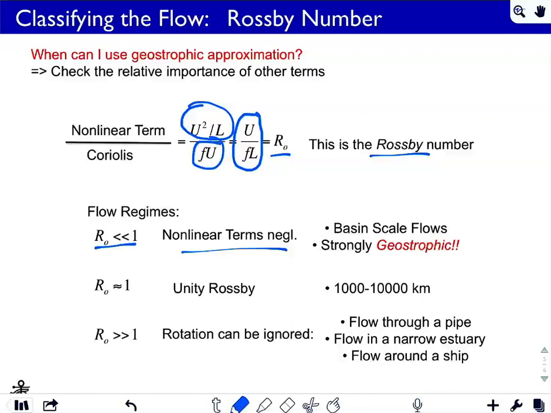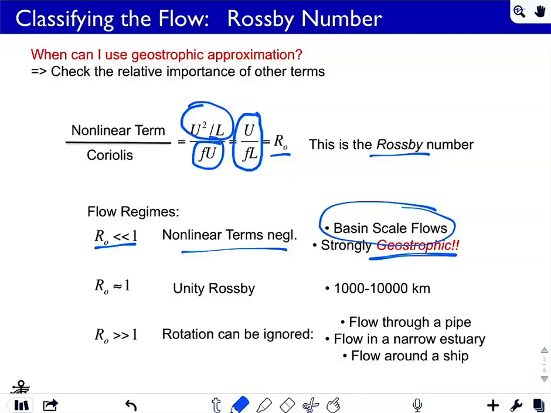But in general, for basin scale flows, and even some smaller scale flows, you're going to get a Rossby number much smaller than 1, meaning the flow is geostrophic, implying that the flow comes down largely to a balance between the pressure gradient and the Coriolis. That is a geostrophic flow.